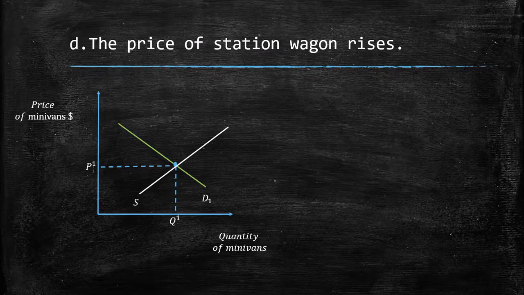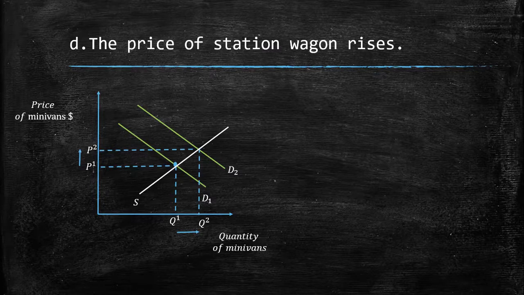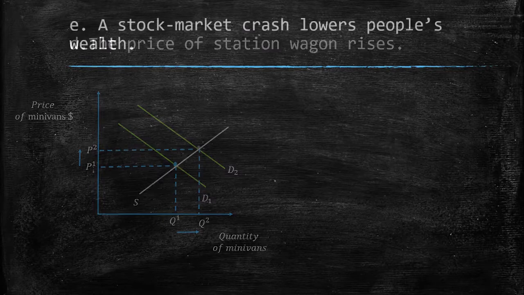So these people who cannot afford station wagons are going to pass to the market of minivans. So they're going to buy more. In this case, it's going to be an increase of demand. So it's going to be a shift to the right for this market. So what is the consequence? It's going to be an increase in prices and an increase in quantities as well.